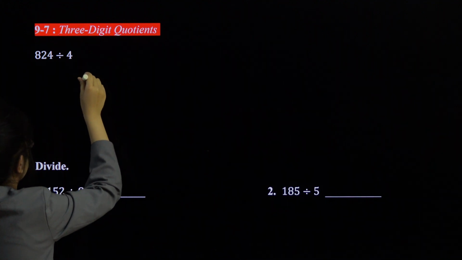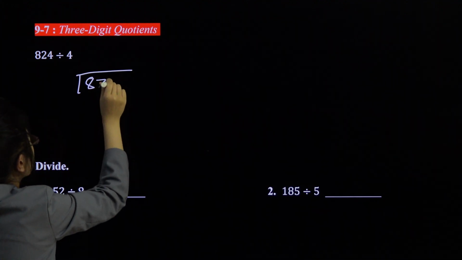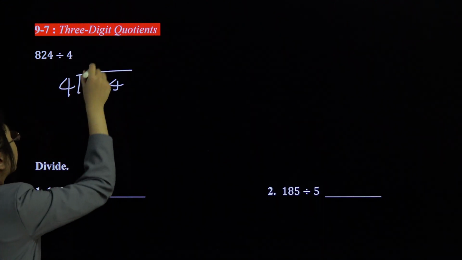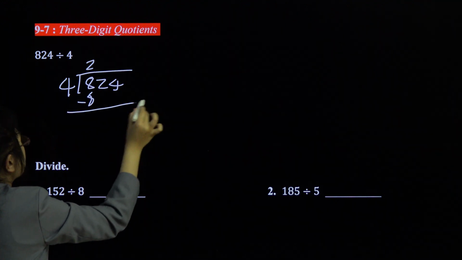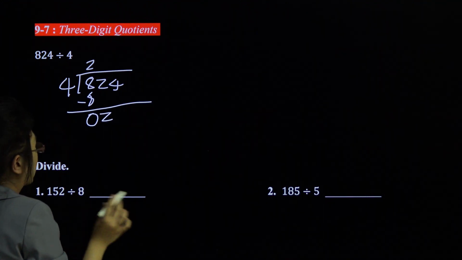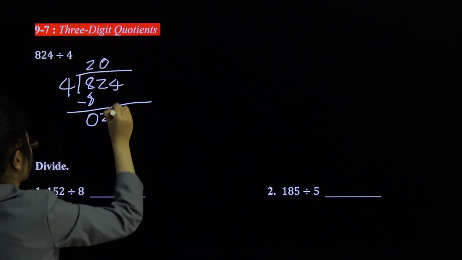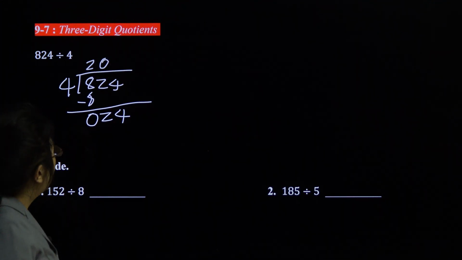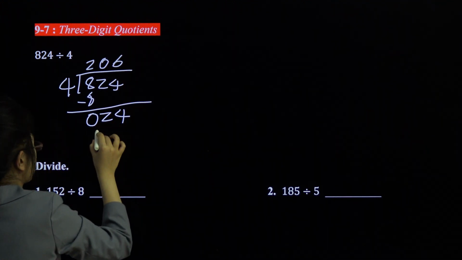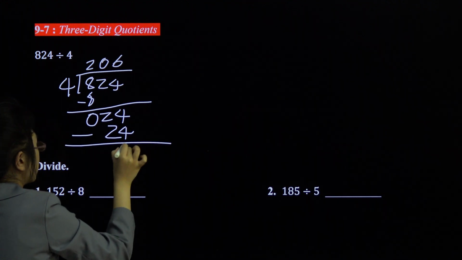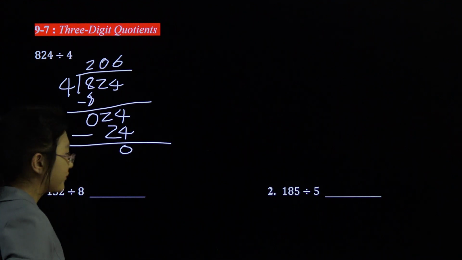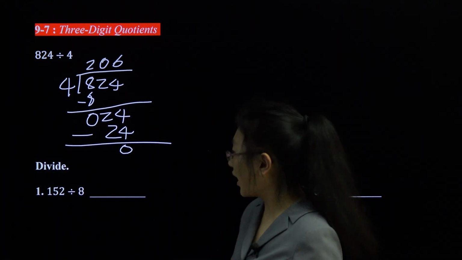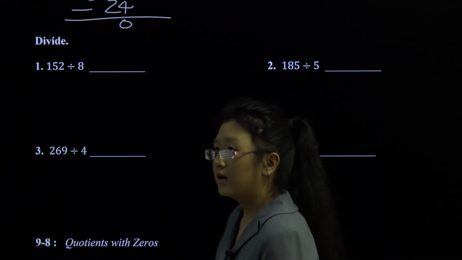So 824 divided by 4 would be like this. 4 divides into 8 twice, and that leaves us with 0, 2, but 2 can't really do anything, so we're just going to put a 0 up here to get the 4 down. And 4 goes into 24 6 times. So the answer is 206. We're going to do a few more practice problems to solidify our knowledge.